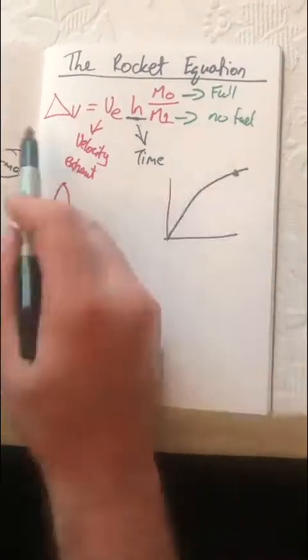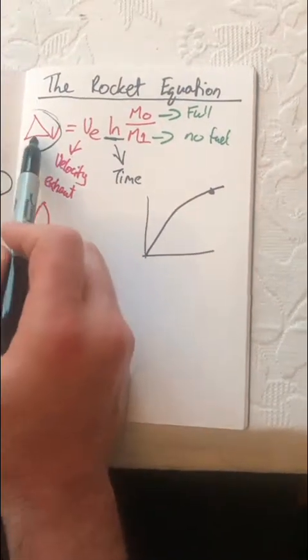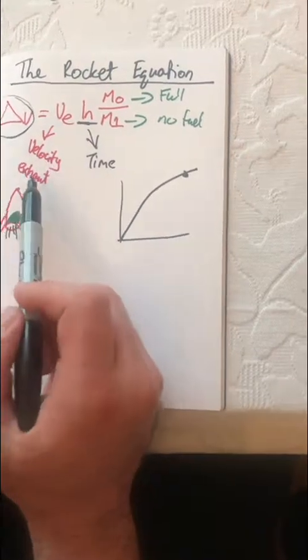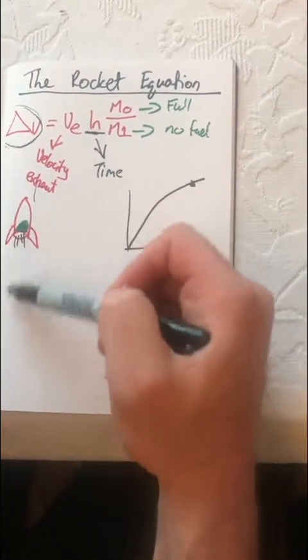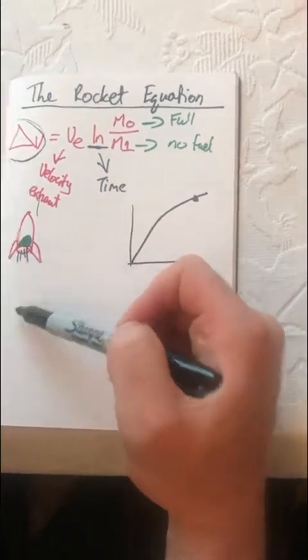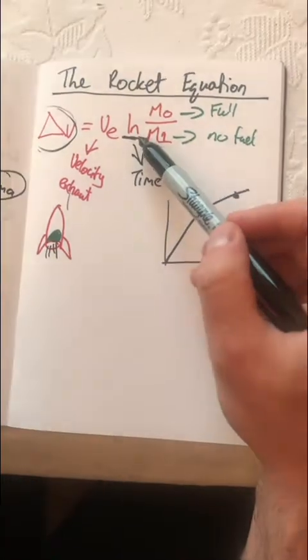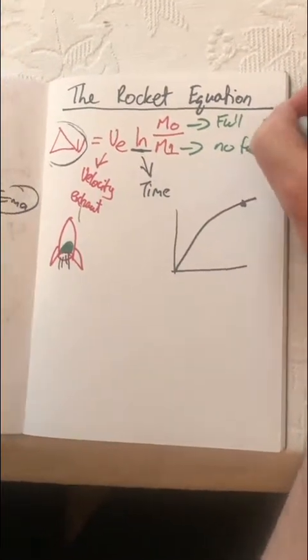So if we go back over this again, we want to change the velocity of the rocket. The velocity of the rocket is equal to how quickly you can dispel out the fuel, but also you need to be aware of how much time it's going to take between it being full and having no fuel.